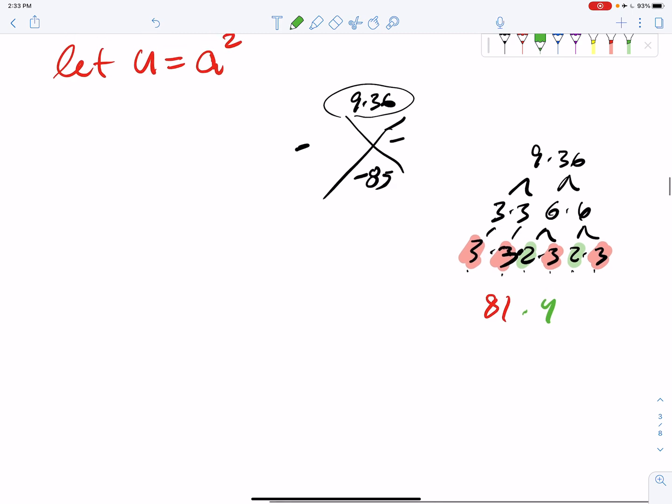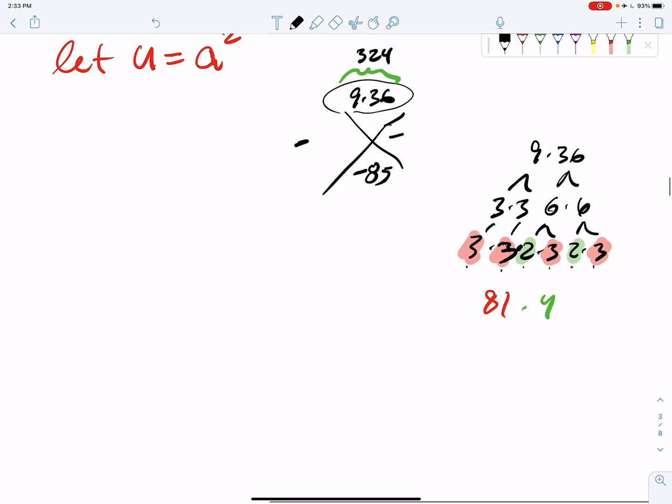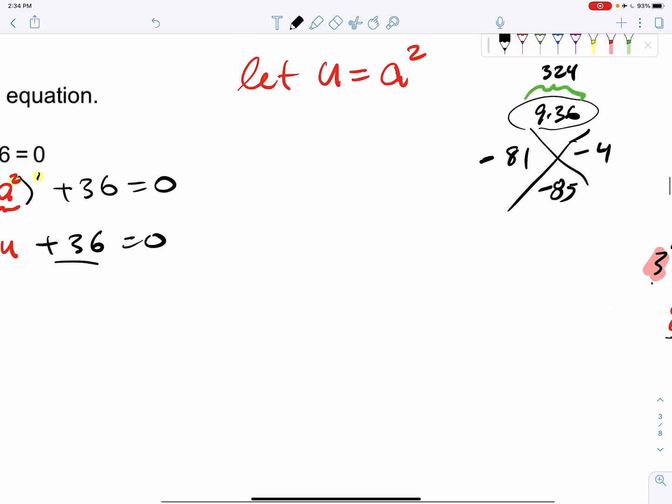But making that a big old number, 324, I don't see how that's helpful. It's just a big number, right? So anyways, I can now see that if I add 81 plus 4, I get 85. So negative 81 times negative 4 gives me that big number of 324, or 9 times 36. Also adds to negative 85.